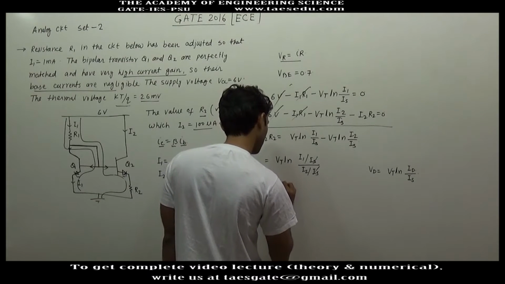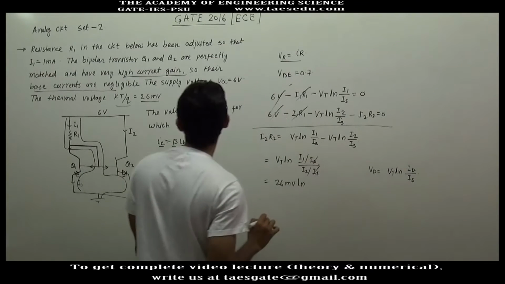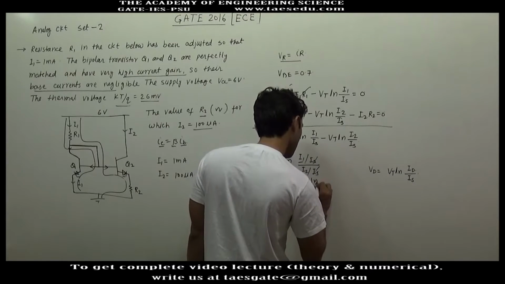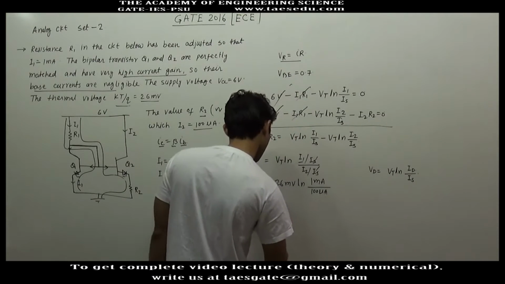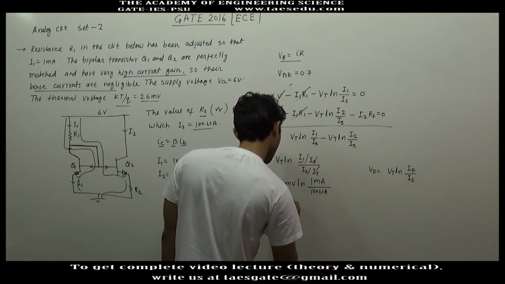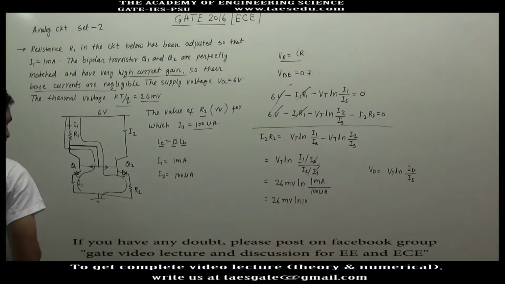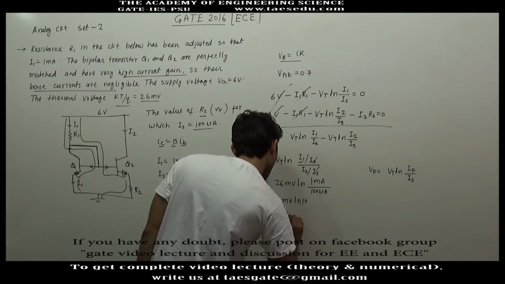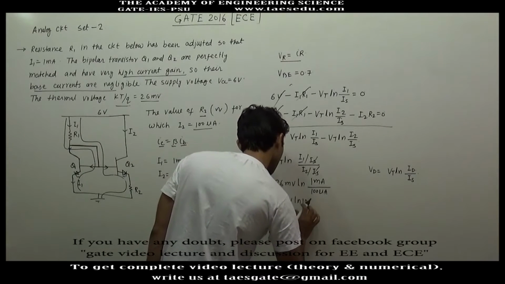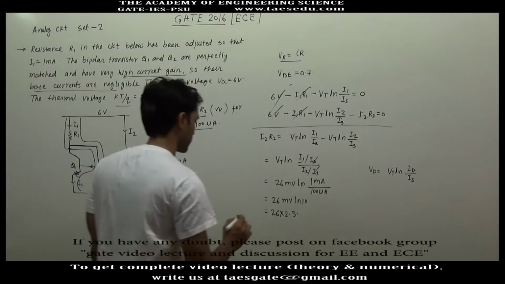VT is 26 millivolt, ln of I1 is 1 milliampere and I2 is 100 microampere. This will give you 26 millivolt ln 10, which is 26 into 2.3025.